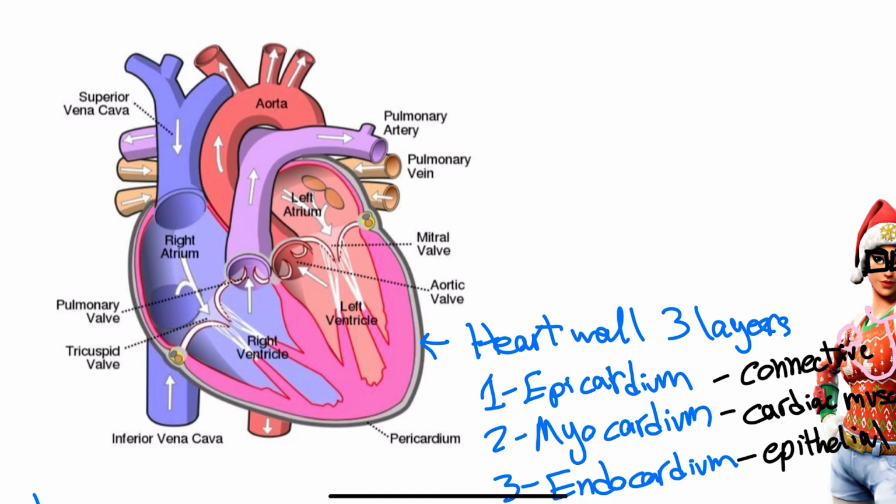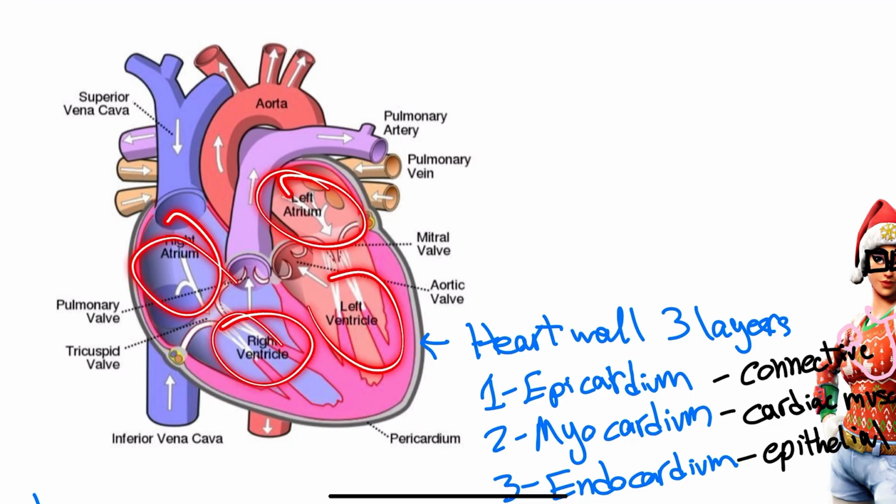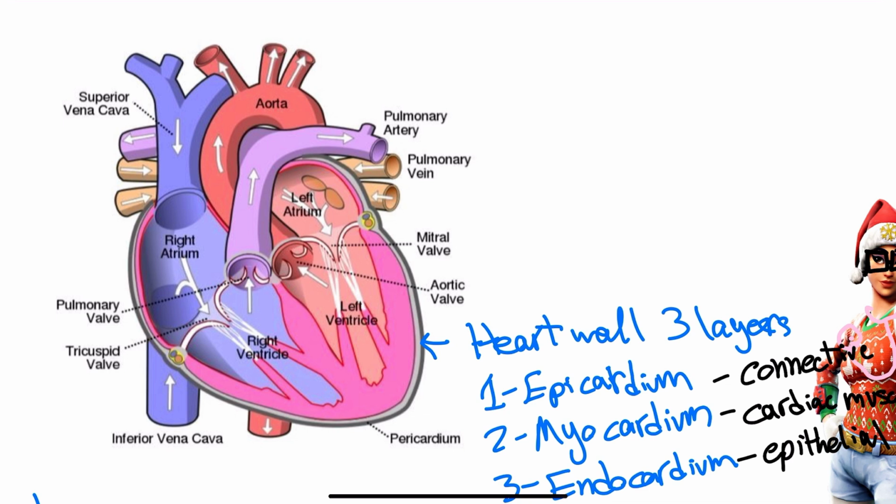So if I put Nogops right here, this would be her right and this would be her left. So that's why this is the right and this is the left. This is your right atrium, right ventricle, left atrium, left ventricle. They are switched because it is inverted, because you basically plastered yourself right on it. So we have those 4 chambers.